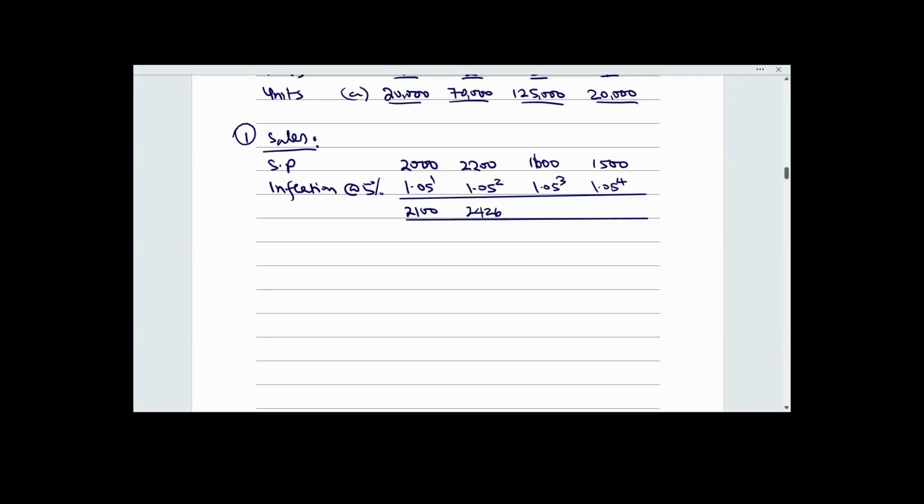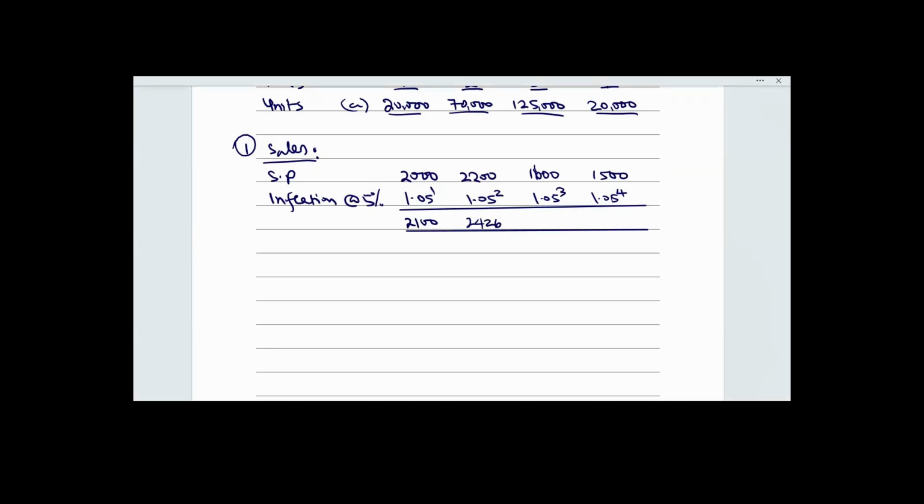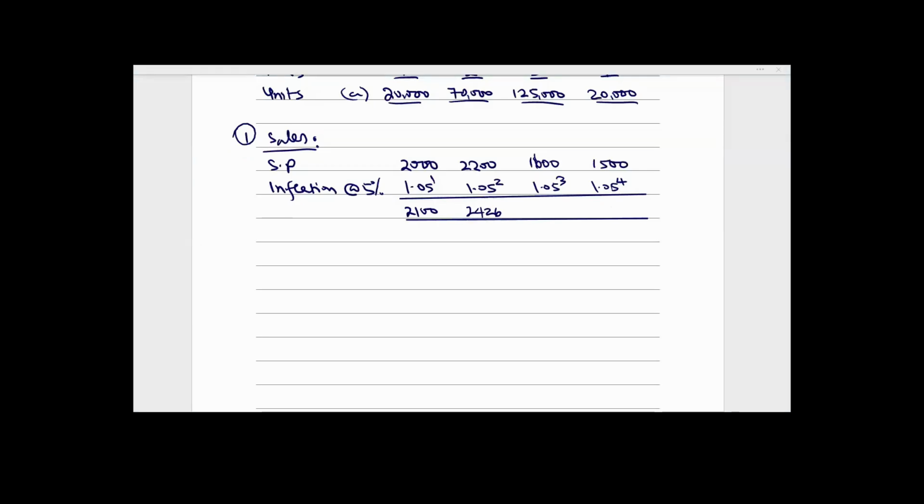The third year, 1.05 raised to power 3 multiplied by 1600 is 1852.